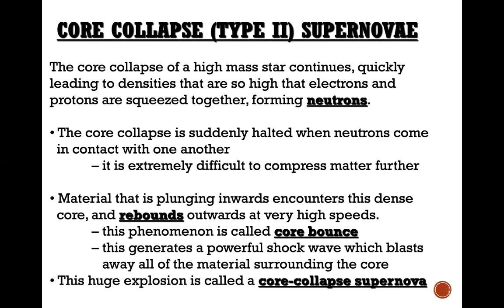Just imagine the situation where at the central region you have millions of kelvins of temperature, and at the same time you have just neutrons at the central region, and there is high pressure inside. Due to the huge mass of the star, all the matter is trying to contract towards the central region.